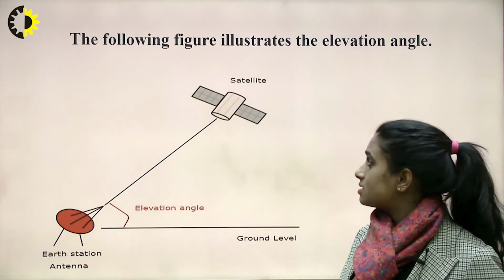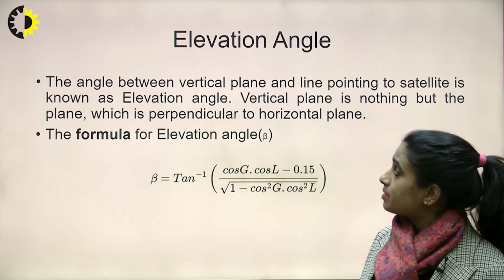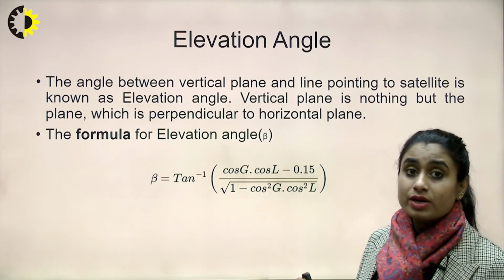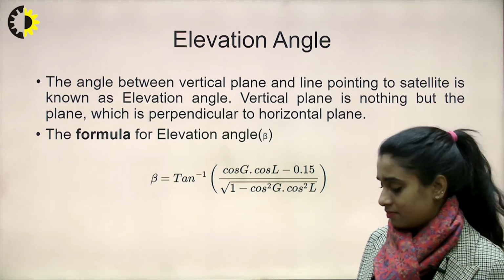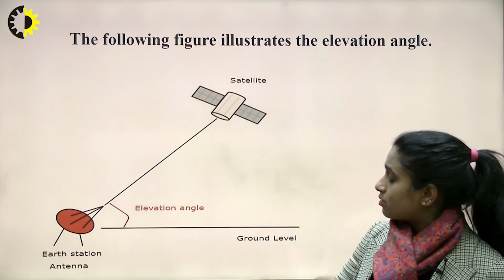So this is my earth station, this is the satellite. From the definition we can see the angle between the vertical plane and the line pointing to the satellite.